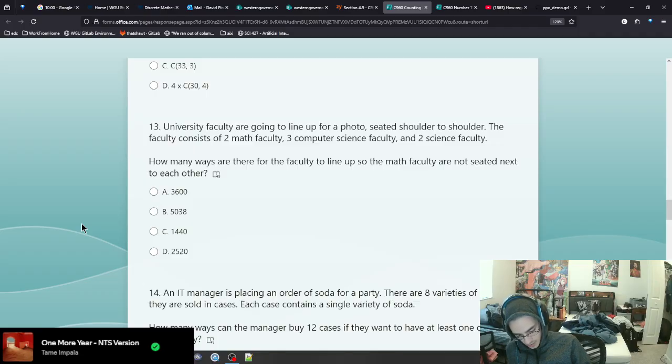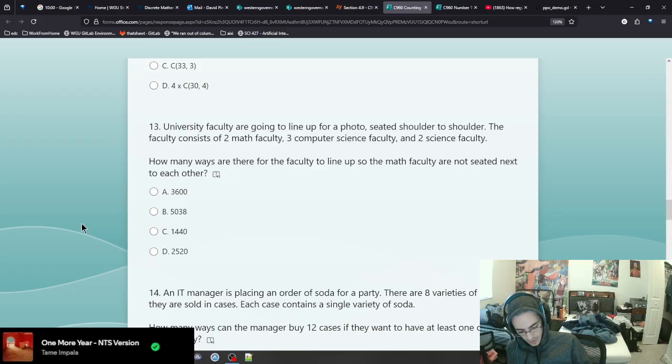I wonder what that is. It's probably 7 choose 2, right? 7 permutation 2 is 42. Minus 12 is 30. Apparently. So there's 42 ways of doing that. 7 choose 2.